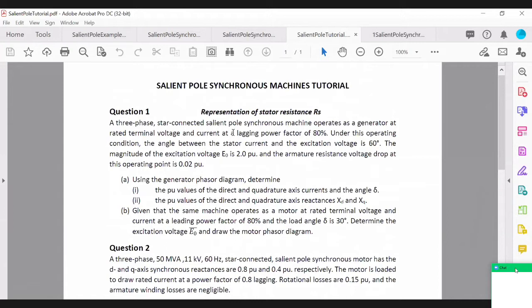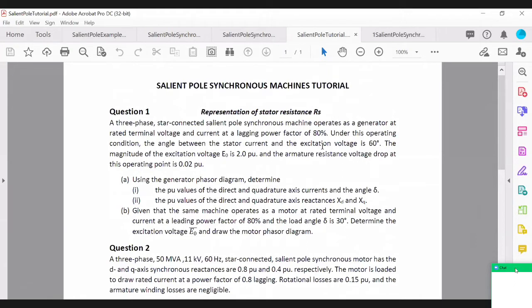When they say rated terminal voltage and current, if you're writing it in per unit, both of them will be 1. So the terminal voltage E will be 1 per unit, and the current is also 1 per unit when it's operating at rated value. And the power factor is 0.8 lagging. You've also been given the angle between the stator current and the excitation voltage.